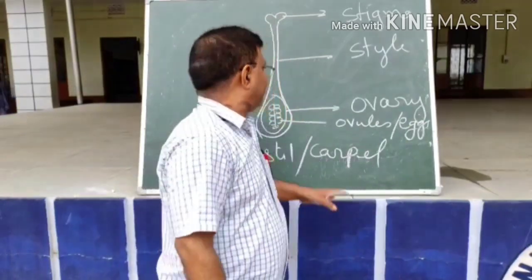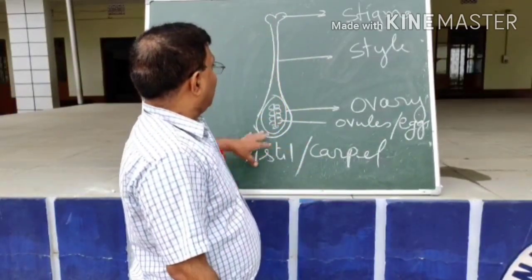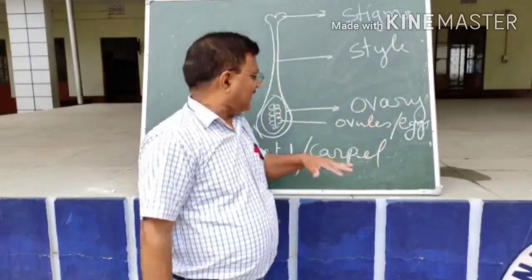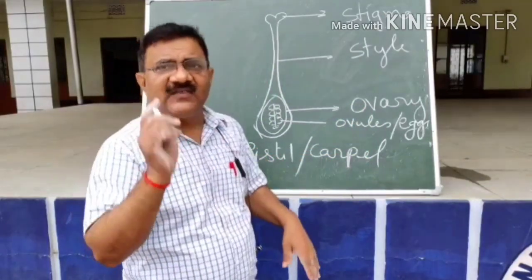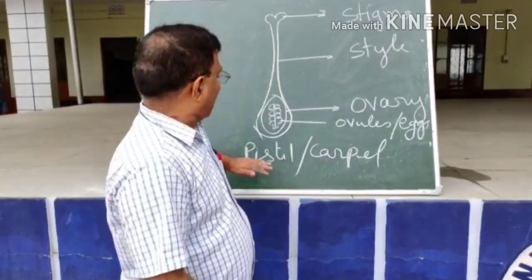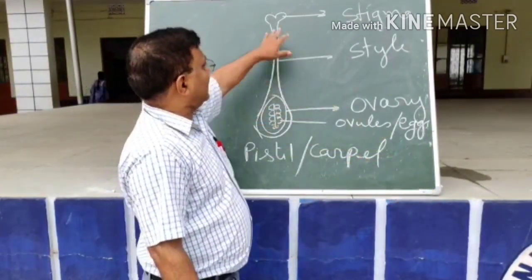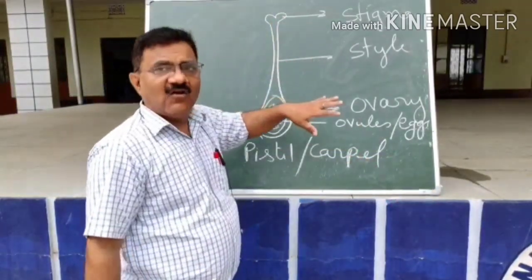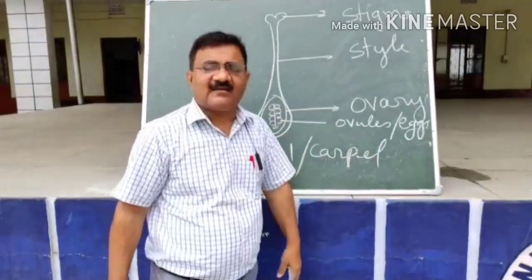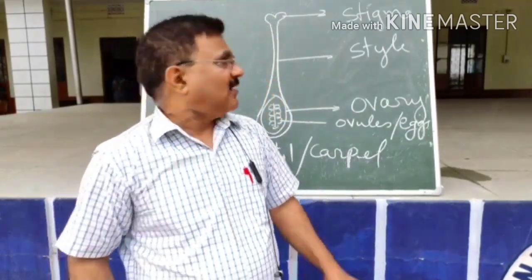And the female part of the flower is the gynoecium. The whole whorl is the gynoecium. One unit of gynoecium is pistil or carpel. The parts of the pistil are stigma, style and ovary. Ovary contains the female gamete. The female gamete is the egg or ovum or female sex cell, and this part is clear.